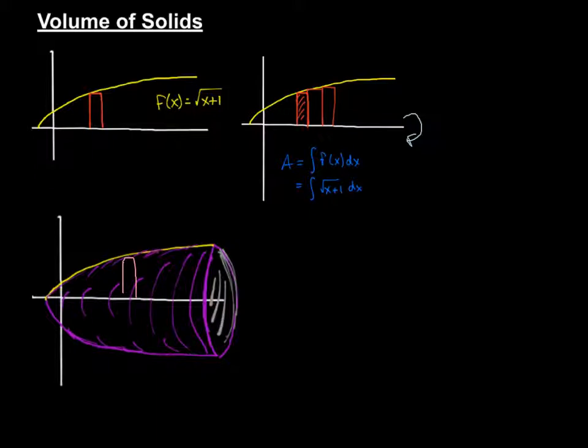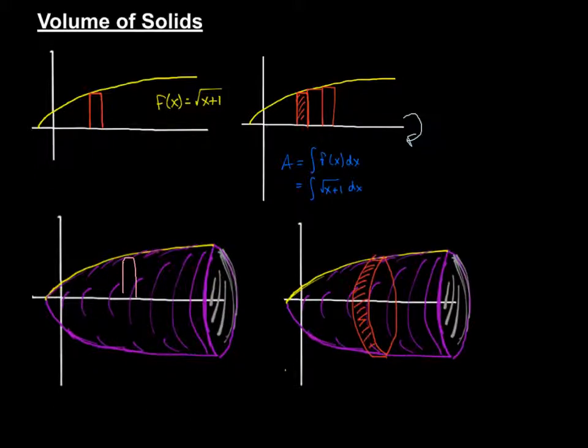So we're going to spin these rectangles. We're going to spin this whole rectangle around 360 degrees about the x-axis. So this here is representing the volume of this disk at this one spot. Just like this is the area of one rectangle, this is the volume of one disk.